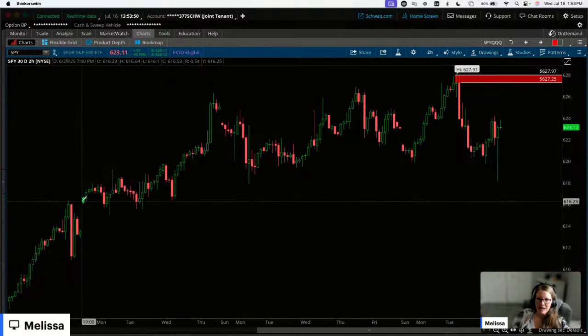You notice we have this gap. The way that I like to look at gaps when looking for imbalance candles is to imagine this wasn't a gap. And either this candle here before the gap or this candle here at the gap is one solid candle. This would be an imbalance candle.